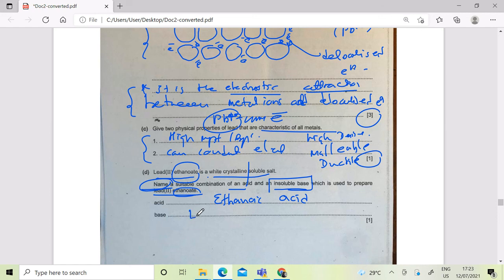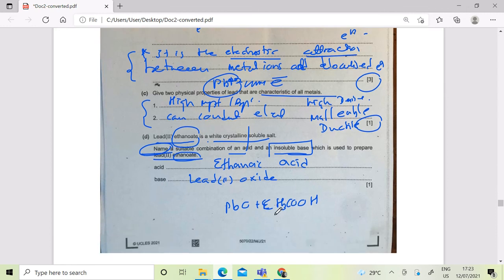So that is going to be lead(II) oxide or lead oxide means PbO, because PbO plus ethanoic acid, which is CH3COOH. PbO with CH3COOH, you will end up with lead ethanoate, means Pb(CH3COO)2, ethanoate minus, right?